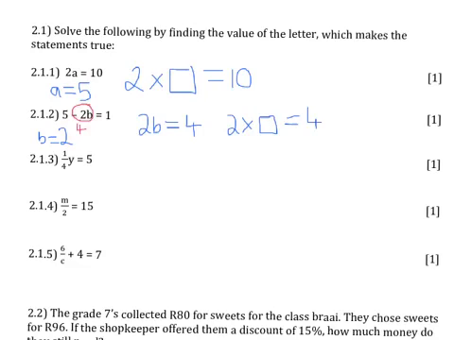Okay, then the next question, it's saying a quarter of something is equal to 5. So it's basically rewriting it. A quarter times something is equal to 5. So this one, for me, again, I can just sort of think, well, it's almost like reverse thinking.